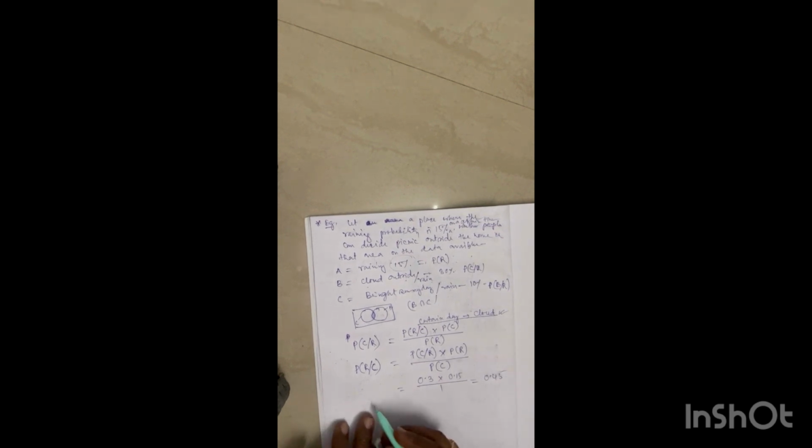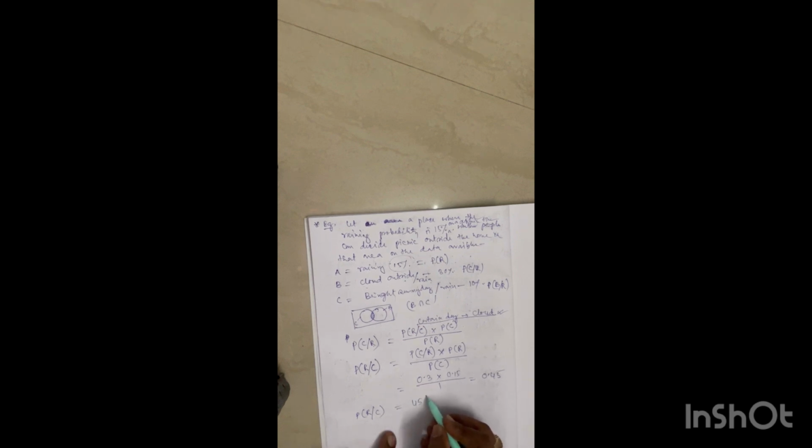So that means in this whole situation, if I see cloud, the most probable chance that rain will happen is 45%.